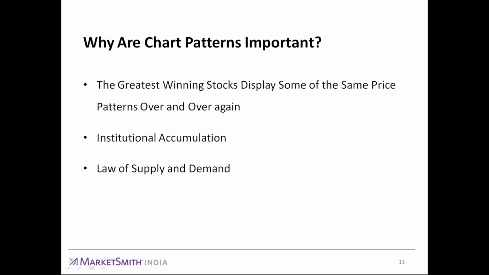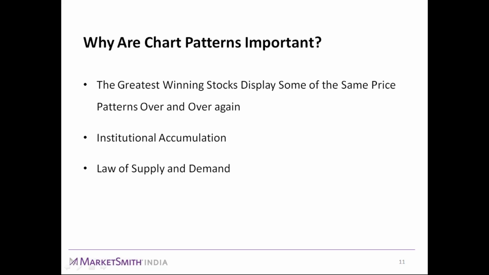There is some trigger on the part of the company, maybe some new products, new management, or some new market conditions favorable for the company to increase its sales and earnings, which attracts interest from institutional buyers. They come and buy the stock, which you can infer from some of these chart patterns.